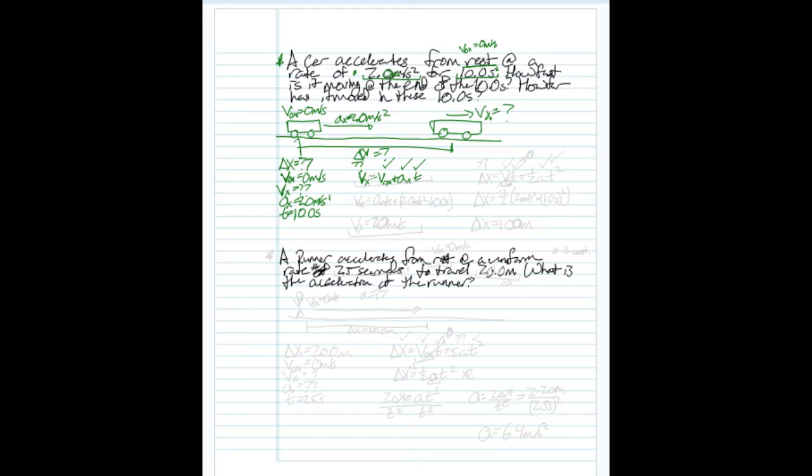How fast is it moving? Normally I would take a step and solve the equation for the variable that I want, but it's already solved, so we don't need to worry about that. I'm going to plug in my numbers with units. Plug it in, and I get a velocity in the x of 20 meters per second.